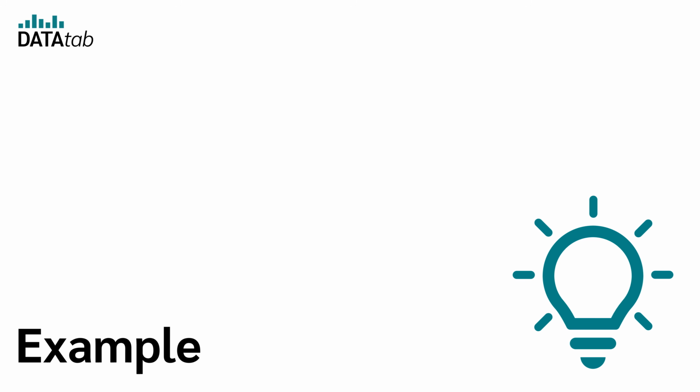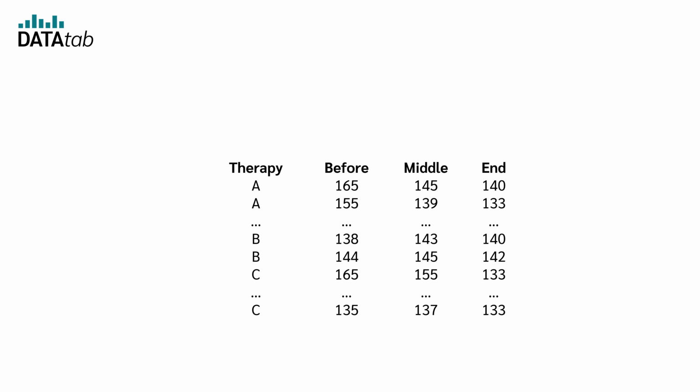Let's calculate an example and I'll show you how to interpret the results. Let's say this is our data that we want to analyze. We want to know whether therapy A, B, and C and 3 different time points have an effect on cholesterol levels. Each row is one person.